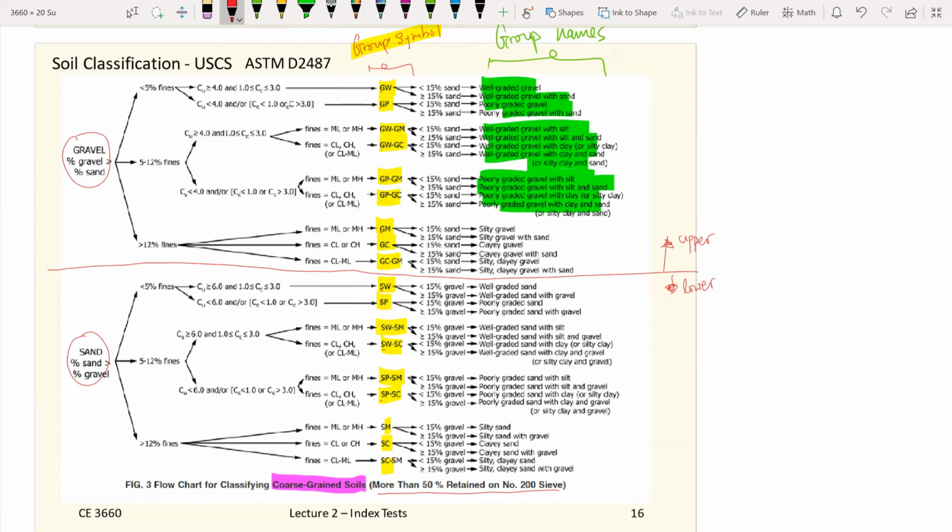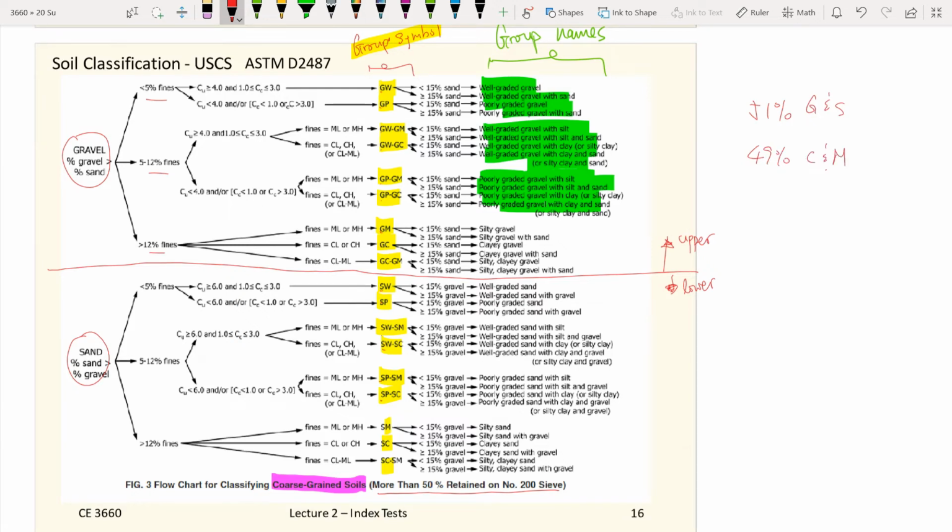And the next thing is you look at the percent fines. So within the sand particles, or if you have a dominant sand sample, you can still also have some fines in it. The maximum fines that you may have is 49%, because if you have 51% retained on number 200, you have 51% gravel and sand and 49% silt and clay.